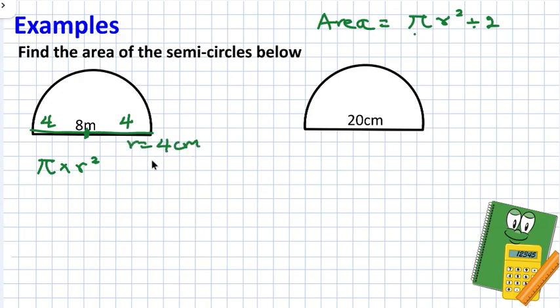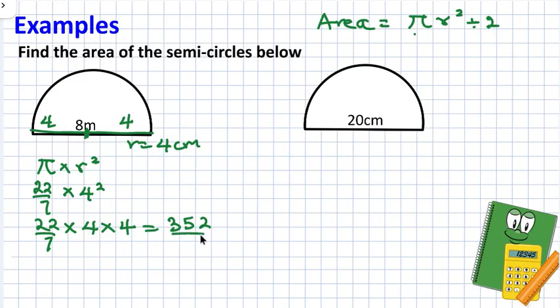So we use that radius now in the formula. We have 22/7 times 4 squared, which is 22/7 times 4 times 4. So let's multiply the numerator. We have 22 times 4 times 4. That is going to give us 352. Now divide by 7.